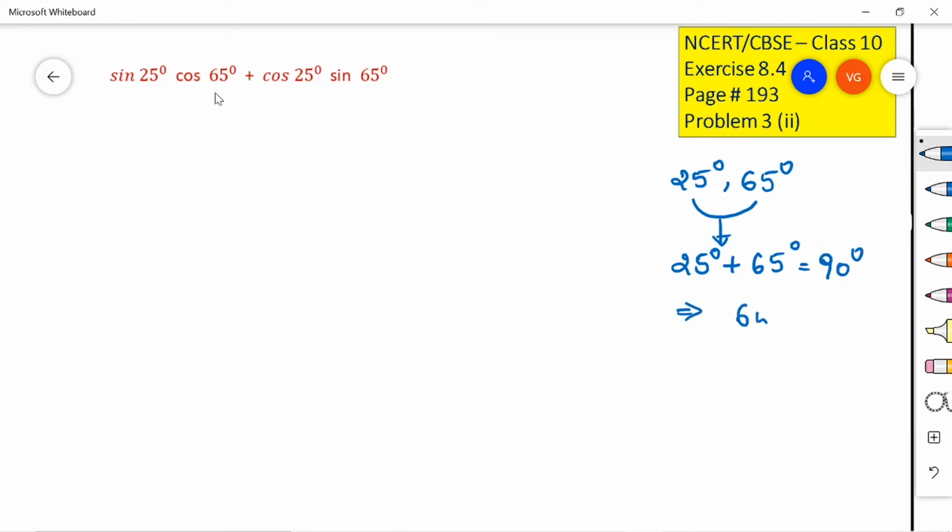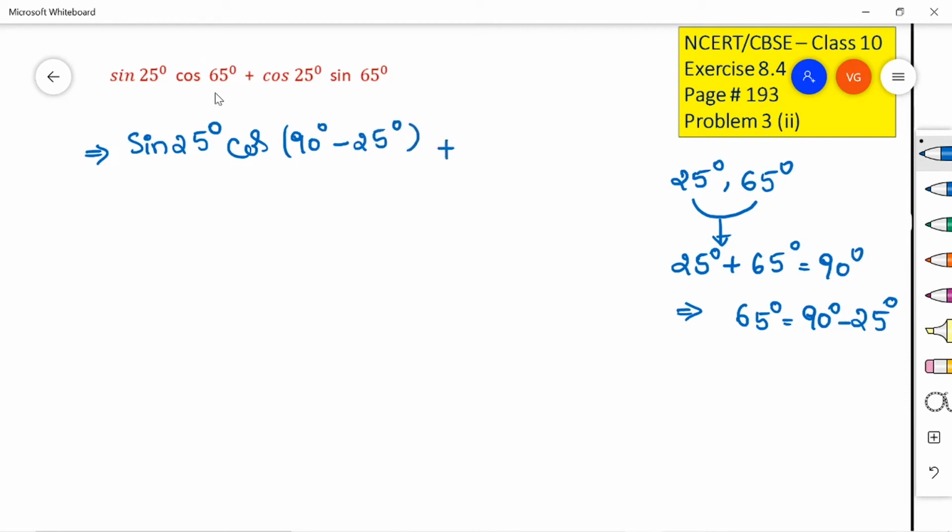So you just replace either of the angles such that the full equation comes into the same angle. Here I am replacing this 65 degree as 90 degree minus 25 degree. Check out here. Sine 25 degree cos, in place of 65 I will write 90 degree minus 25 degree, plus cos 25 degree, and in place of sine 65 I will write sine of 90 degree minus 25 degree.